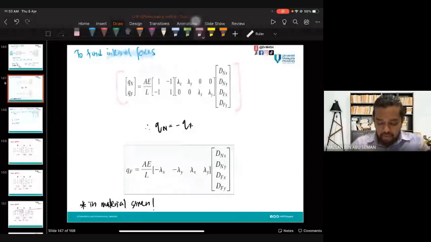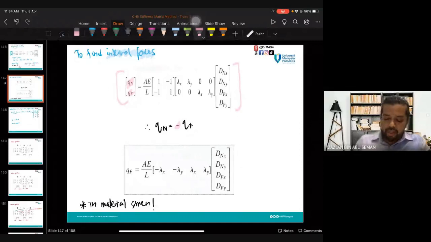Qn is the internal force near, Qf is for far. For this small q, they have the same magnitude but different direction, one positive, one negative. So you can use either Qn or Qf. In my example, I use Qf. So I'm using this formula.